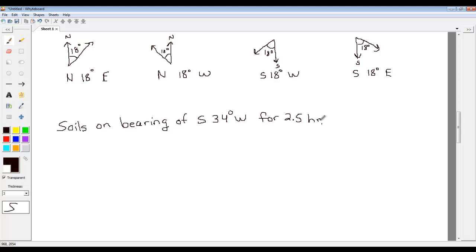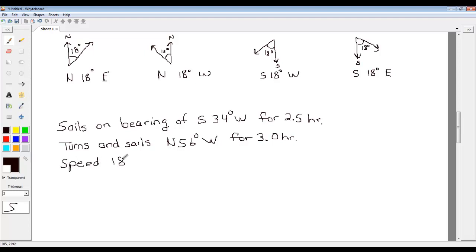Then it turns and sails on a bearing of north 56 degrees west for 3.0 hours. If the ship's rate of speed is 18 knots, nautical miles per hour, find the distance that the ship is from port.